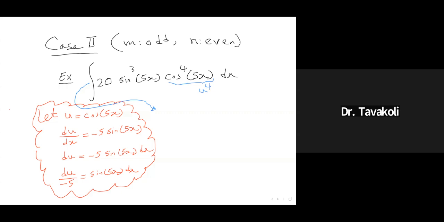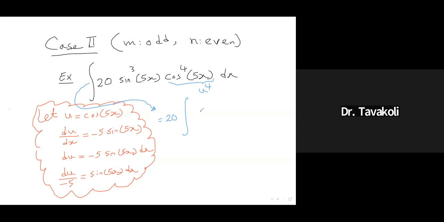Now for sine cubed, I separate one copy of sine and write it next to dx. So what I'm going to have here is, by the way, that 20 is a constant. Let me bring it out of the integral. You know that when a constant is multiplied by the rest of the function, that constant factor can be pulled out.